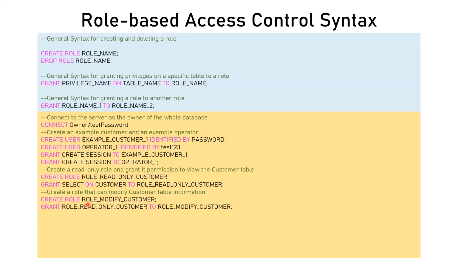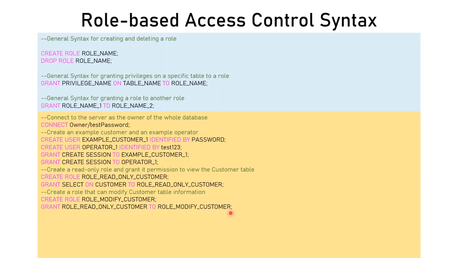So first we have created the role modify customer, and then we have written this grant role read-only customer to role modify customer. So this is the same as the general syntax where we have granted the permissions of one role to another role. So in this way, we have granted the select permission to the role modify customer role as well.